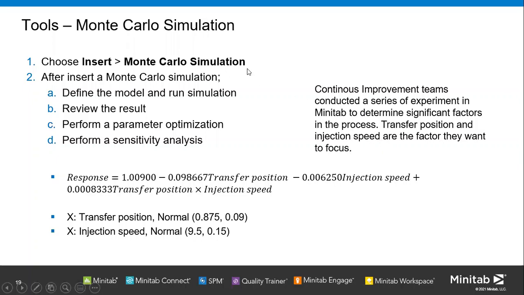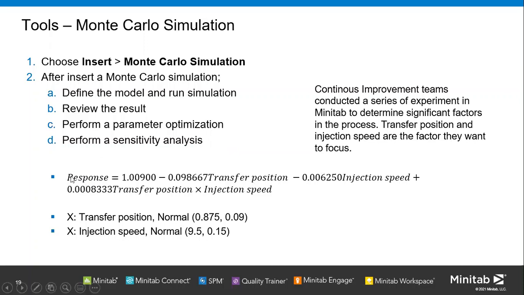During the experiment, they already have the models. This is like input from your DOE. The response is your Y here, and the injection speed and transfer position are your X, or you call them the parameters during the experiment.